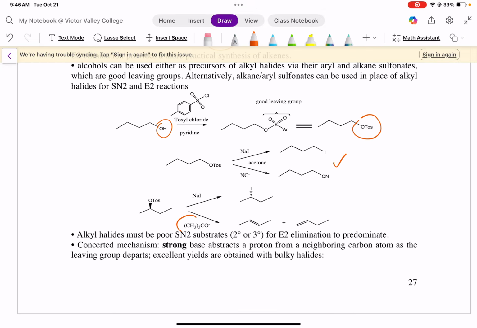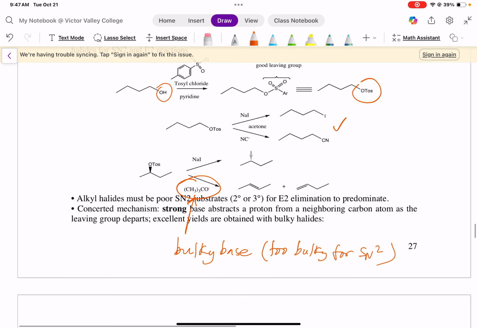But if you use the right base, notice the base here is a 3-methyl. That's bulky. So it's too bulky for SN2, and so E2 is the best.